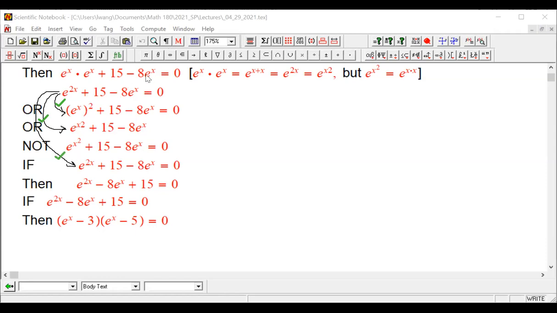However, from this step, when I'm grading your paper, I will use these arrows. From this step to there, is that clear, everybody? It's in red. That is a mistake.